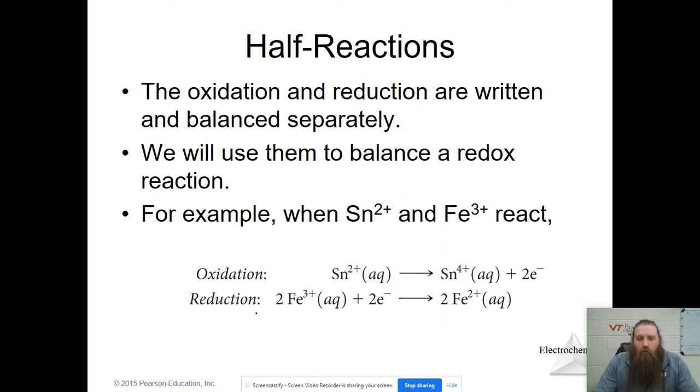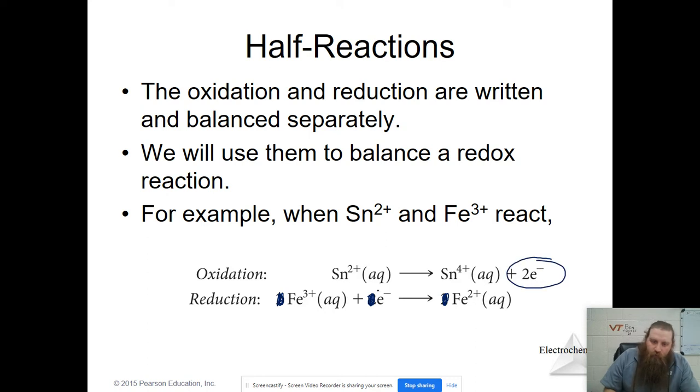And you can see that this has already been balanced. The 2's have been added for iron. But beforehand, it would have been Fe3+ plus 1 electron gives us Fe2+. The problem is when we look at tin, we see it's going from 2+ to 4+, which means it has produced 2 electrons. So the initial writing of this would look like that.